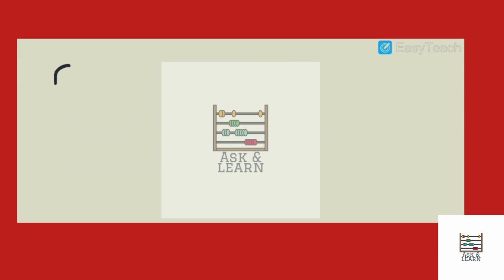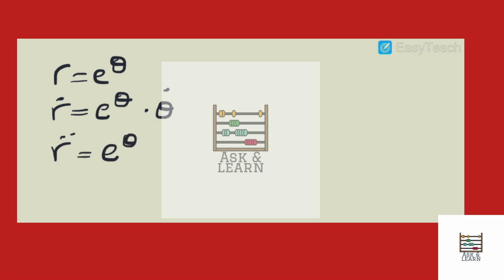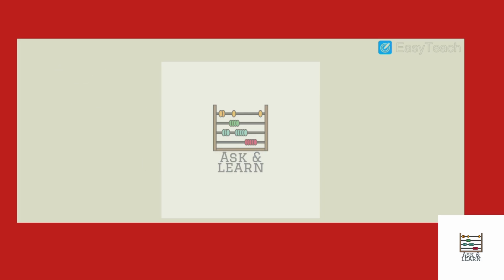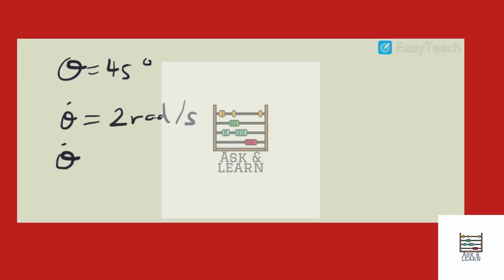First of all, we know that r is equal to e^theta, so therefore r dot is just going to be equal to e^theta times theta dot. R double dot will then just be equal to e^theta times theta dot squared plus e^theta times theta double dot. So when theta is equal to 45 degrees, we know that theta dot is equal to 2 radians per second, and we know that theta double dot is equal to 0.